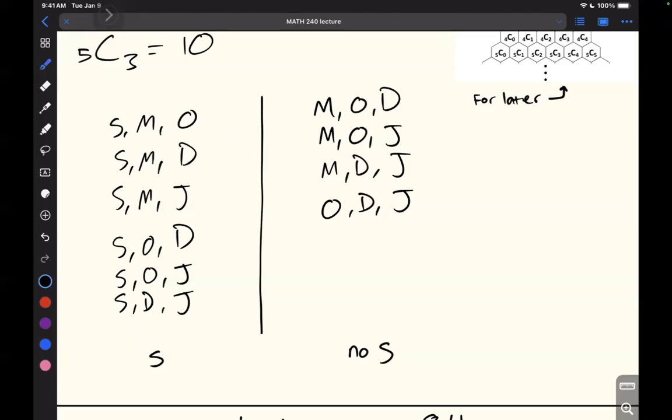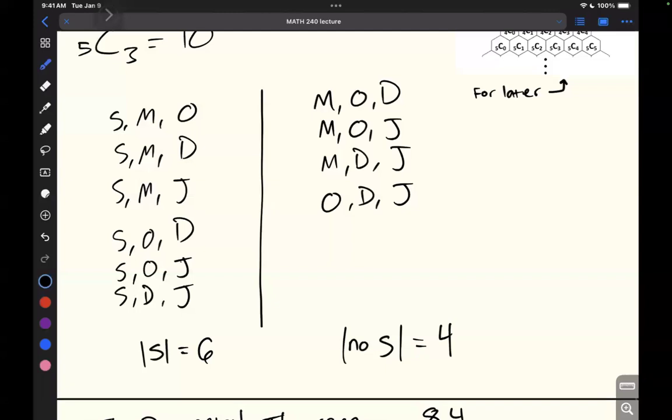All right, how many have me in them? 1, 2, 3, 4, 5, 6. How many don't? 1, 2, 3, 4. Great, those are numbers. Let's write them in terms of combinations. We know that 5 choose 3 is 10.